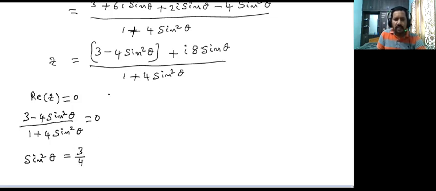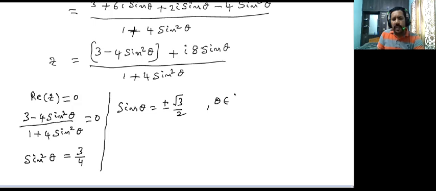Okay. Now what is sin theta? Sin theta is equal to plus or minus root 3 by 2. Now we need to find theta values. Theta belongs to minus pi by 2 to pi.